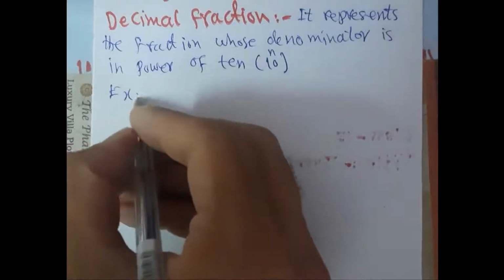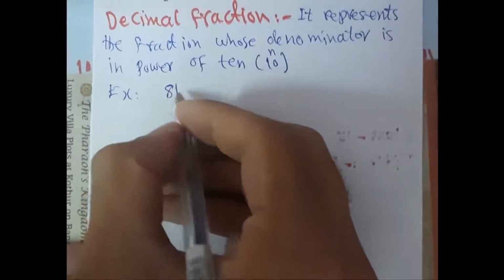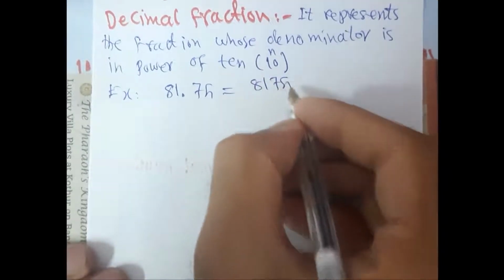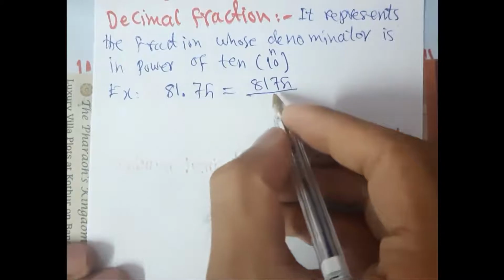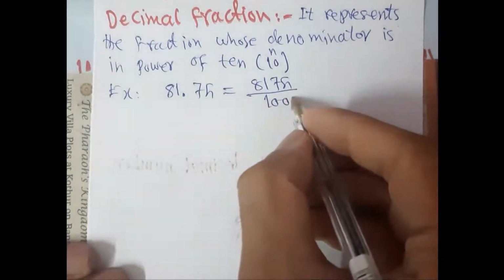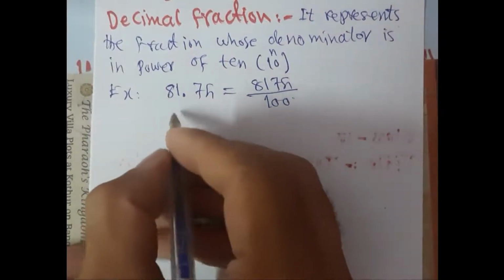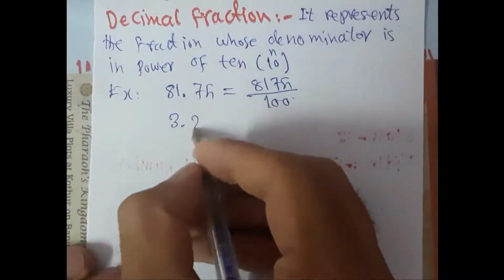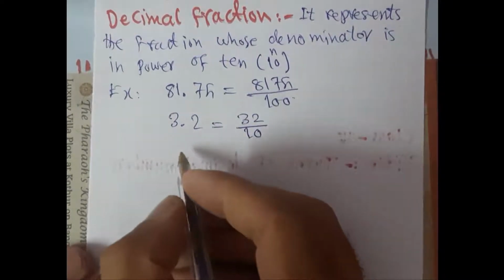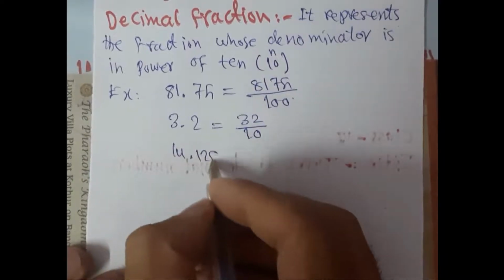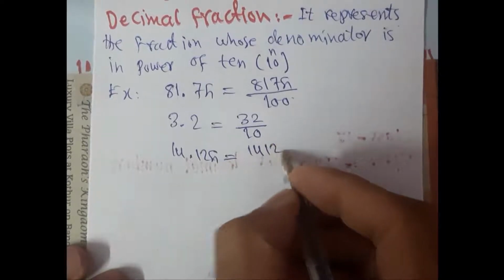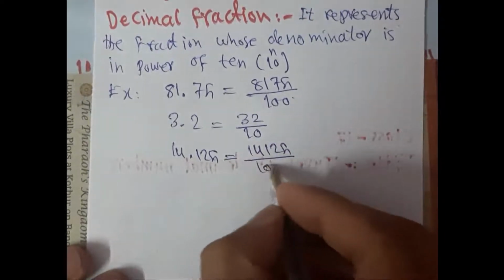Example, 81.75 is equal to 8175 upon 100. 3.2 is equal to 32 upon 10. 14.125 is equal to 14125 upon 1000.